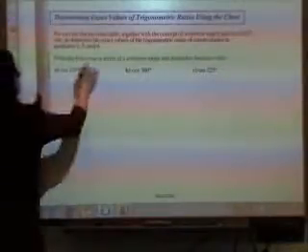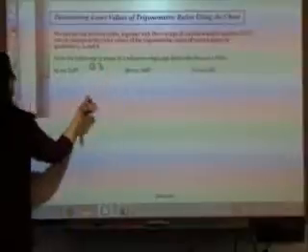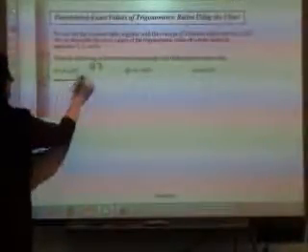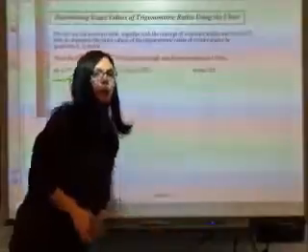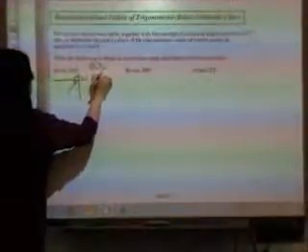What quadrant am I in? Quadrant 3. What I would recommend doing is making a sketch of this. This is my 210 degree angle. Once I've drawn a sketch, use that sketch to help you determine the reference angle.